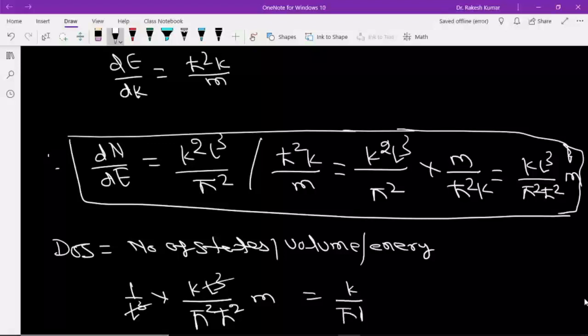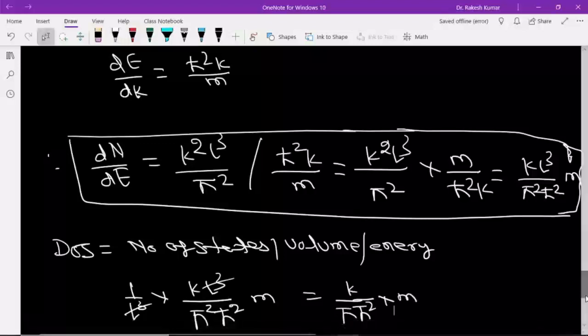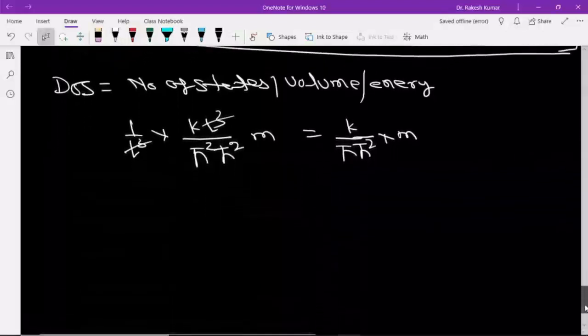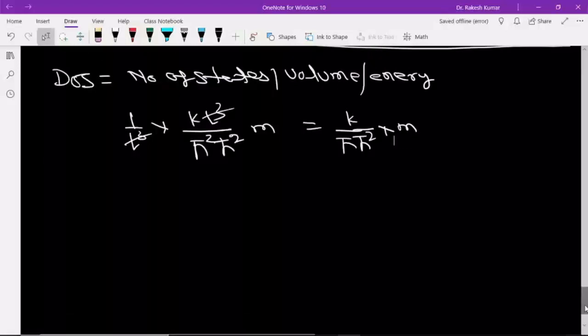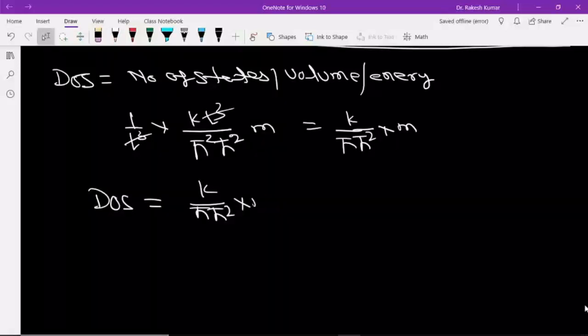So from here we can simply write density of states, that is equal to k by pi square h cross square m.